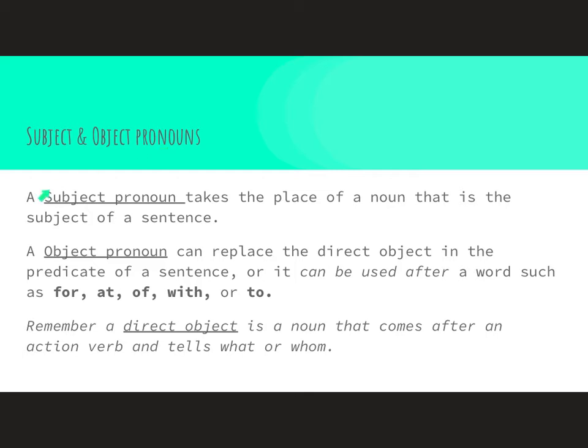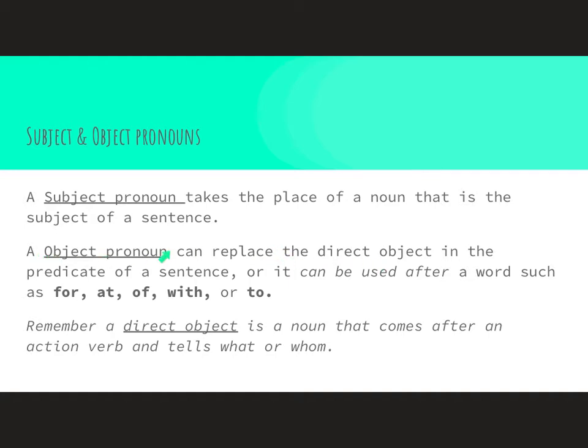Object pronouns are very important. When we're talking about a subject pronoun, that takes the place of a noun that is in the subject of a sentence. It's what the sentence is about. An object pronoun can replace the direct object. So remember when we learned about direct objects with verbs?